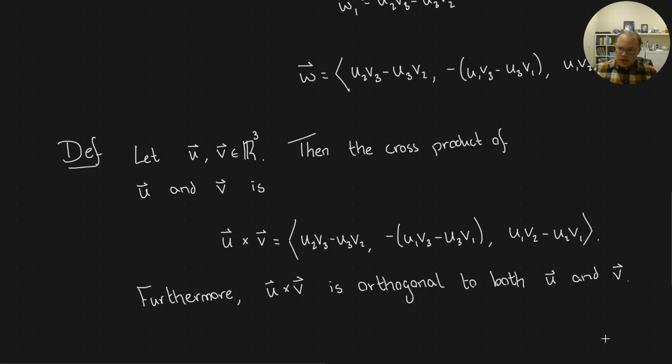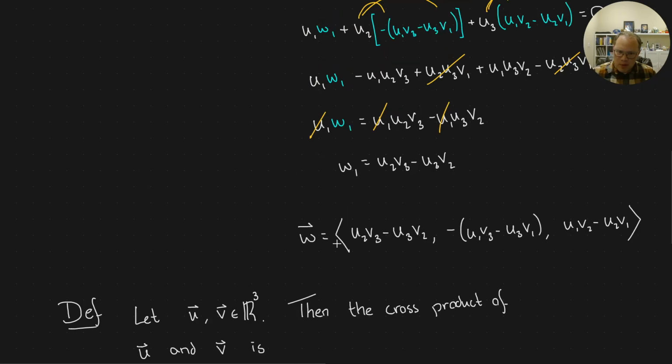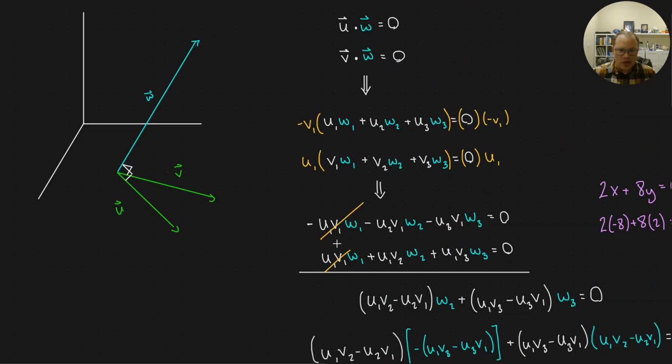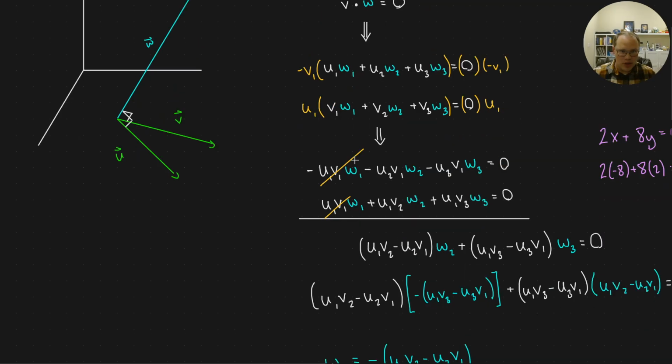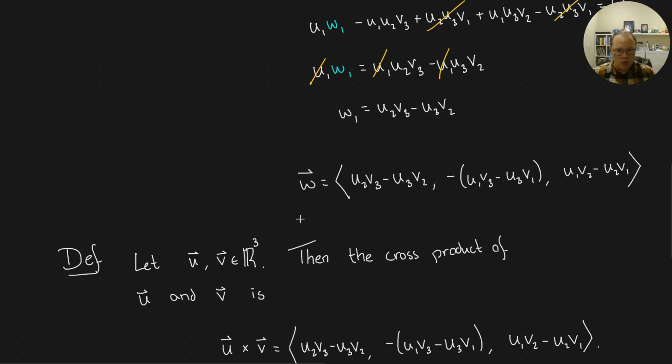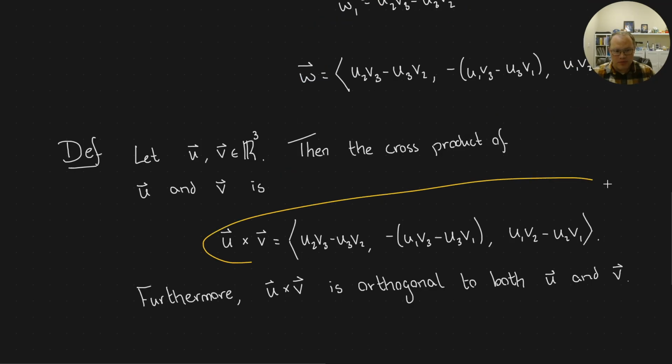Now, if you're on top of things, you may have a couple questions. One of them is, remember that this system of equations up here had more than one possible solution. The W we found here was one possible solution. This cross product is one possible vector that would be orthogonal to both U and V. But any scalar multiple of this vector would also be orthogonal to both U and V. It would also meet both those vectors at a right angle.